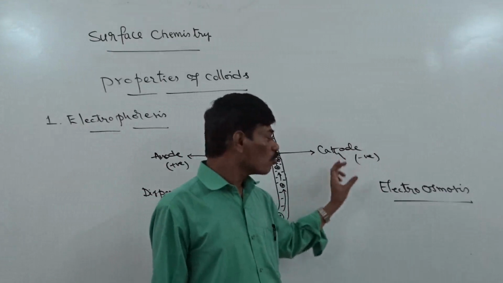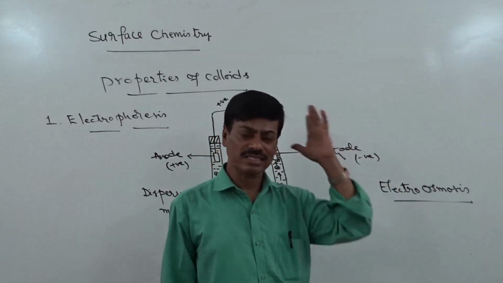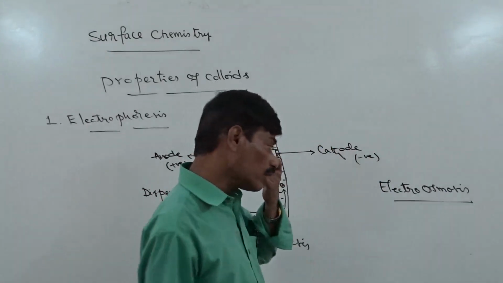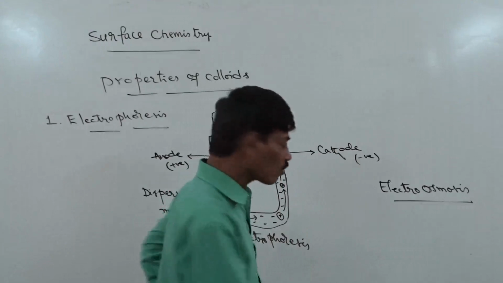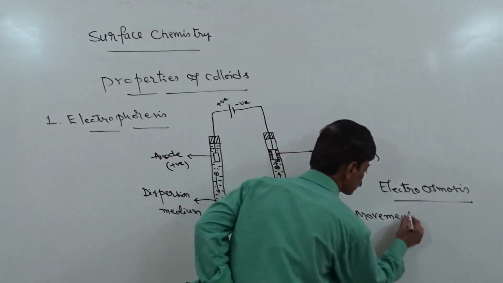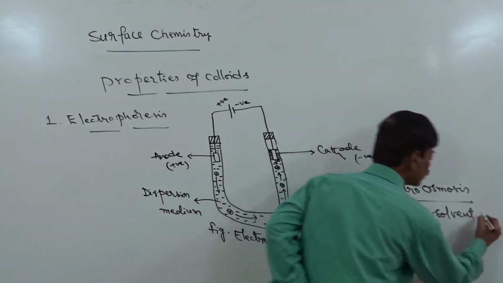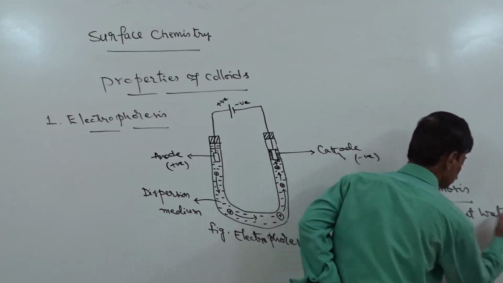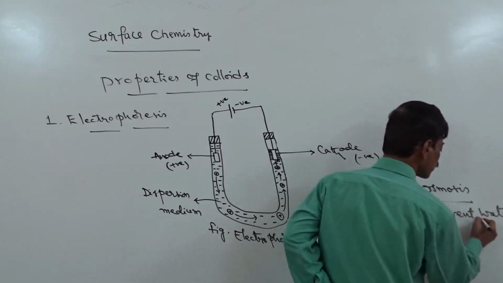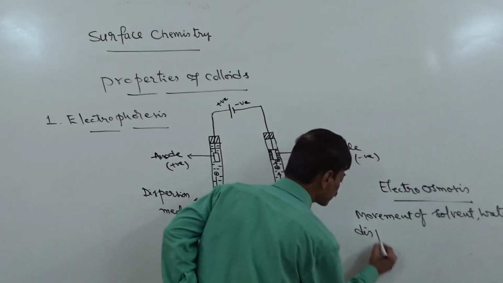Electroosmosis means movement of water molecules or solvent in presence of electric field. That is called electroosmosis. Movement of solvent, water, or it can be written in this way also, dispersion medium.